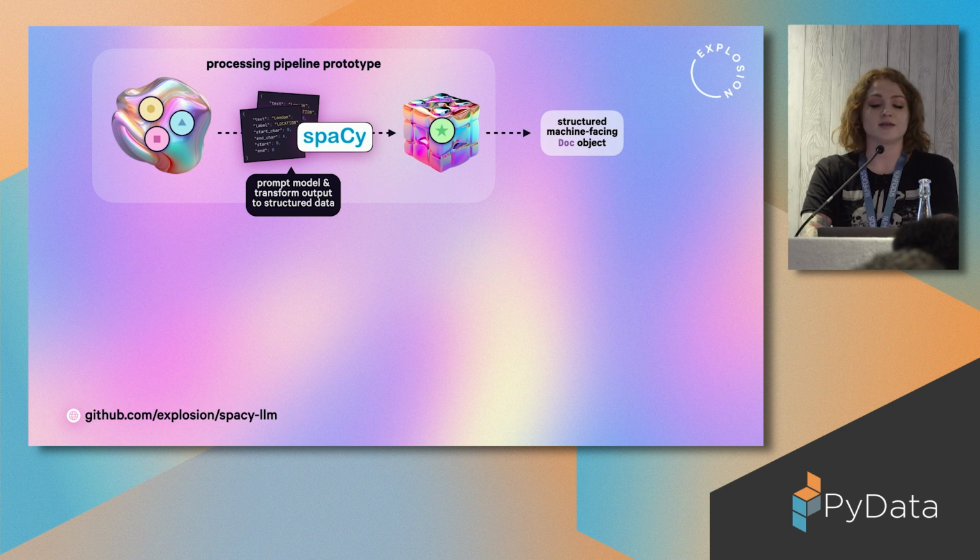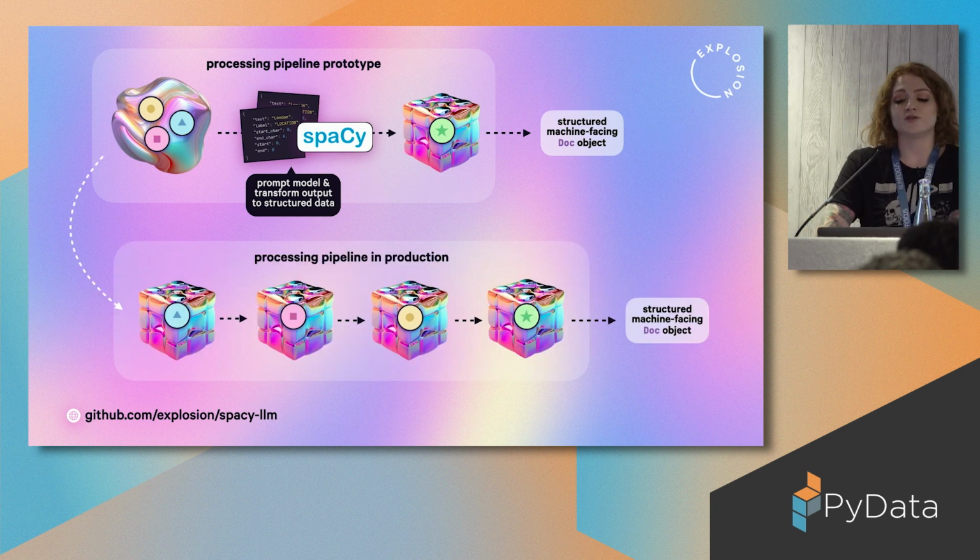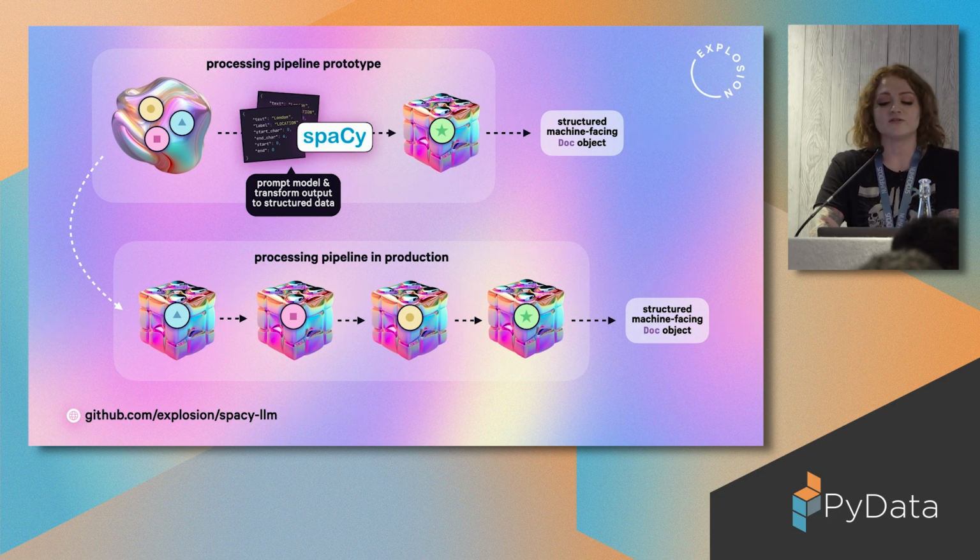What you get out at the end is a structured, machine-facing Doc object as the output, which includes all the structured data. The component basically abstracts away all the prompt details and really gives you the structured data. And then in production, what you can do is distill those individual components and tasks into smaller components that really only do the one thing they're supposed to do. And the output is the same. You have a structured, machine-facing Doc object that holds all the structured predictions, and basically the same input and output as your prototype.